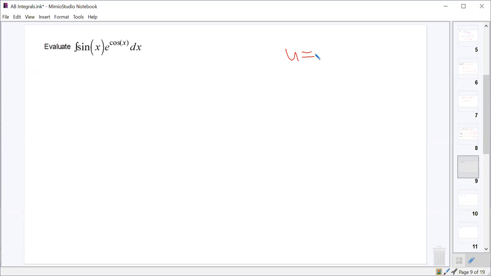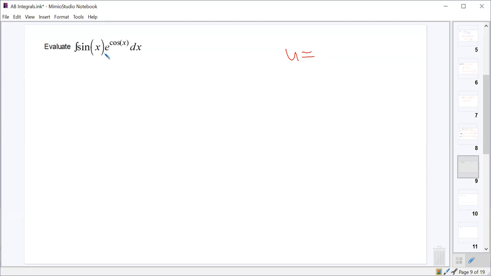Yeah. And so what we want to do is substitute out the part of e to the cosine x that makes it complicated. And the part that makes that complicated is the cosine x, right? Because e to the u is just a simple function to integrate. And if I just had this, the integral of e to the u du, life would be really easy, right? What would that integral be? E to the u. Just e to the u.